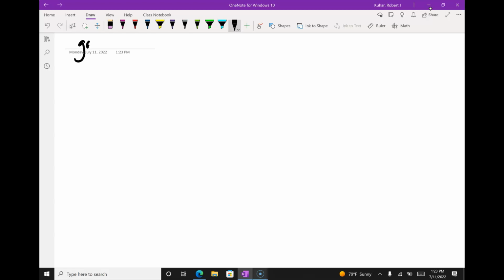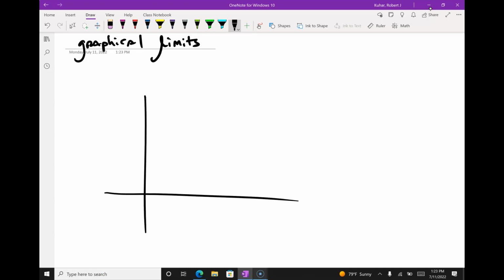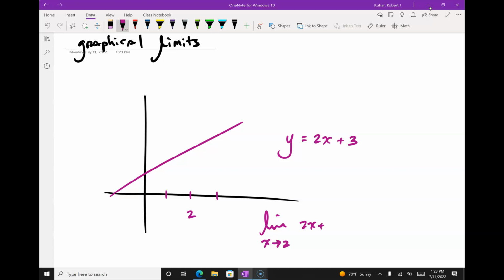So we want to talk about graphical limits first. So we want to know the limit as x goes to 2 of 2x plus 3, and we want to know the height.